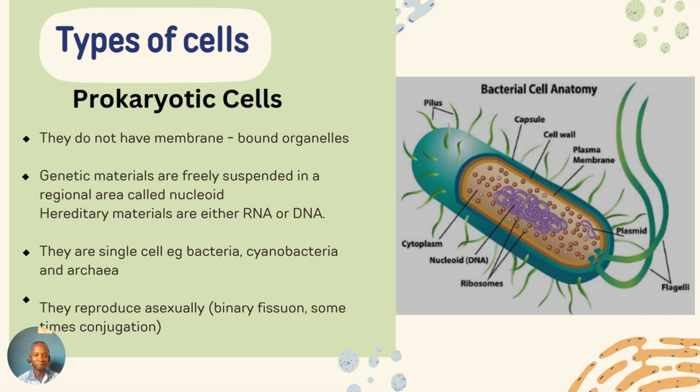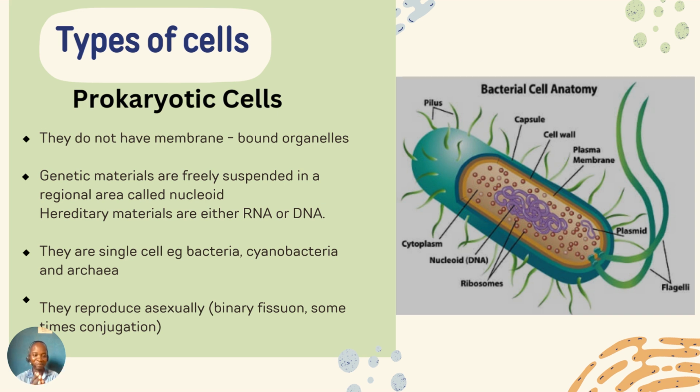All right, let's now look at some types of cells. We have two major types of cells. First of all, the one we're going to treat now are called the prokaryotic cells. Prokaryotic cells do not have membrane-bound organelles. Organelles are the components inside the cells. Now, the genetic materials are freely suspended in the region called nucleoid.